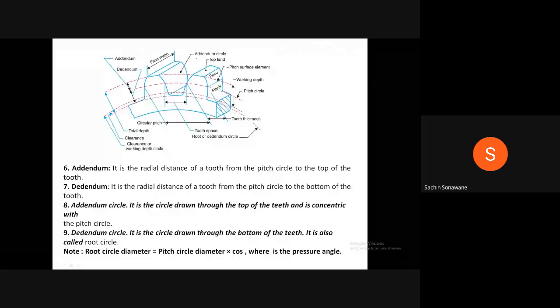Again, this is another diagram. You are observing the diagram.